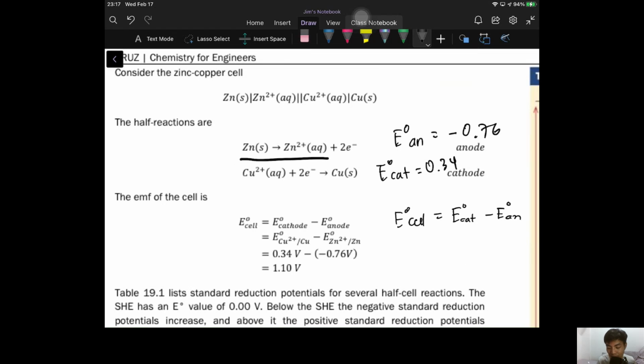So that will be 0.34 minus negative 0.76, which is 1.10 volts. No? Ganyang kalaki yung kuryente na mapoproduce ng cell mo. So enough na yan to power a small LED bulb. No? Yun yung ginawa namin last year, 2019 pa. Hindi natin magawa ngayon. Nasa bahay tayo eh. Okay? So, ayan.